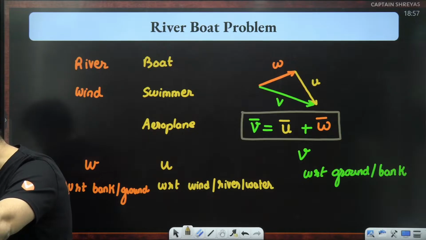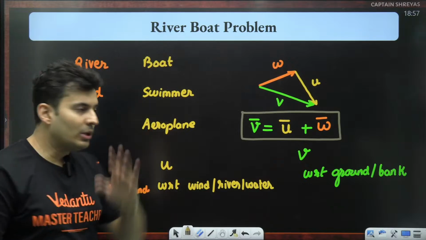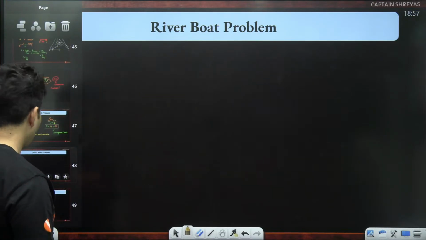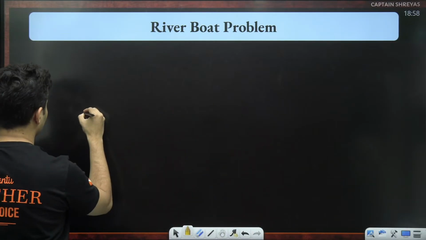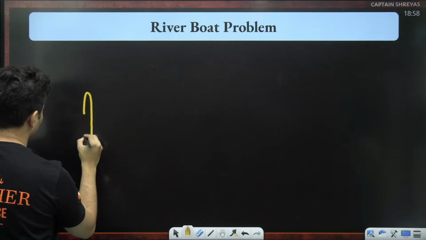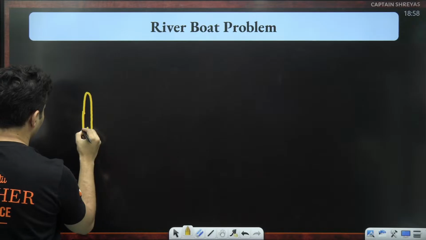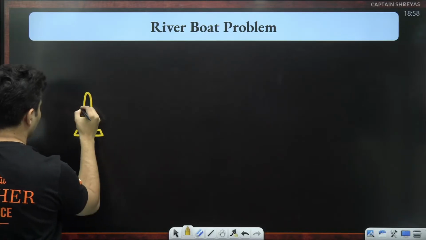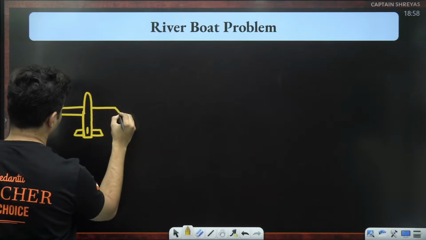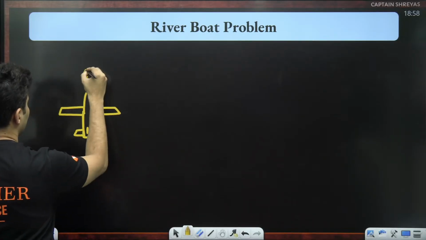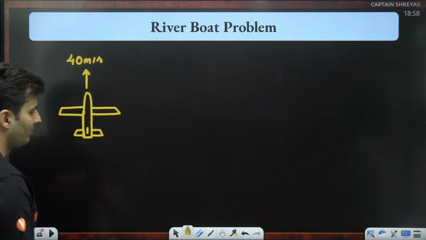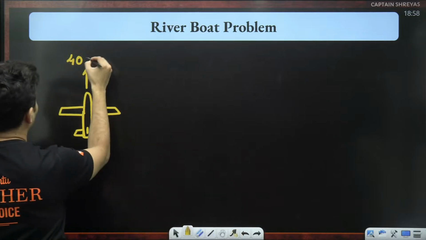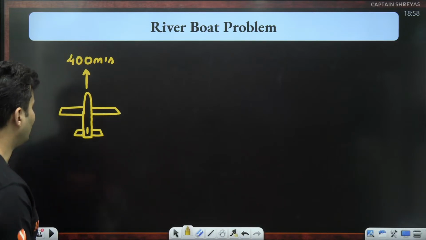Everyone clear till this point? So let me give an example for this. Imagine we have an aeroplane which is going like this with a speed of 40 meters per second, or let's say 400 meters per second, let it be large.